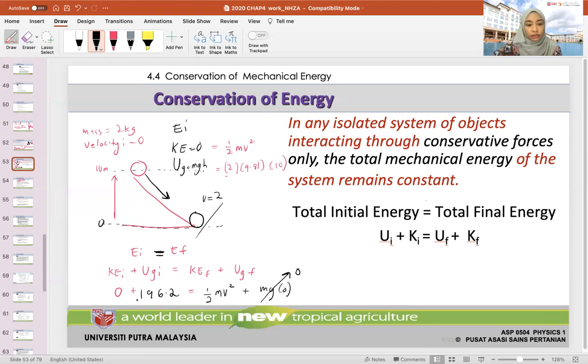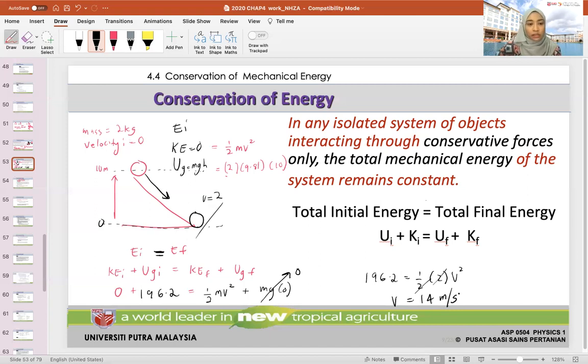So I know that 196.2 is equal to 1 over 2 mv squared. So I can calculate the velocity at the end of this incline: 196.2 equals 1 over 2 times 2 v squared. This cancels out, so the square root of this value tells me that the velocity at the end of this incline is actually 14 meter per second.